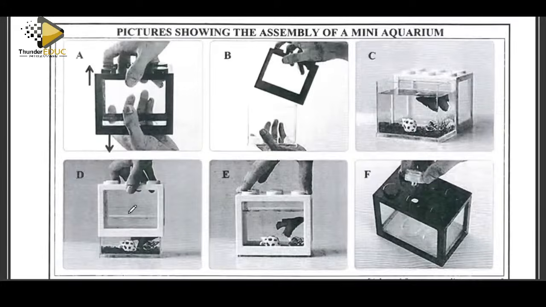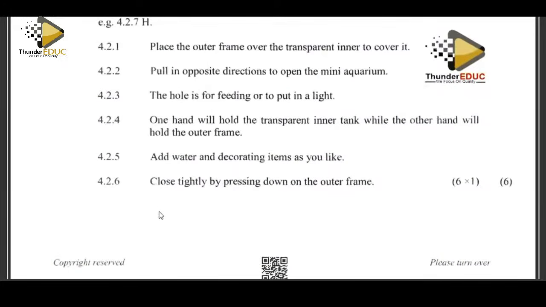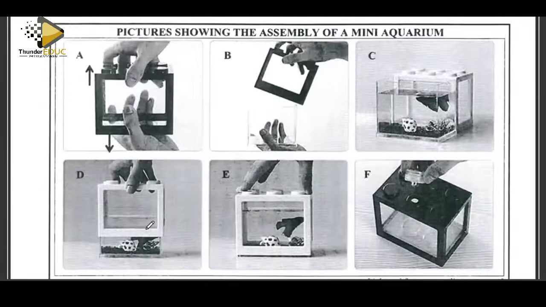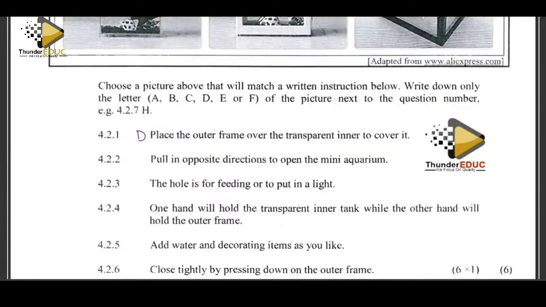B can qualify, also D. For now, let's put D. Pull in opposite directions. This one is already seen. Look at these directions, the arrows: this one is taking to the right, and this is taking to the left. So here we have A, opposite direction, done.